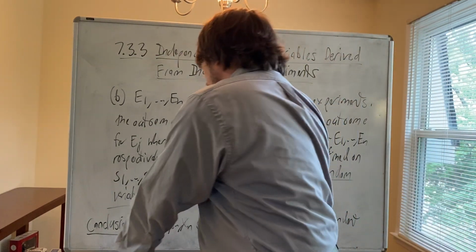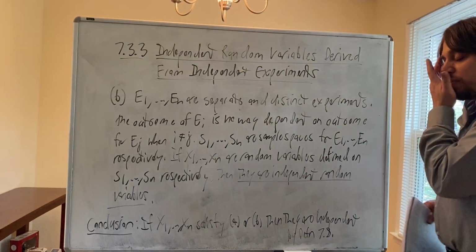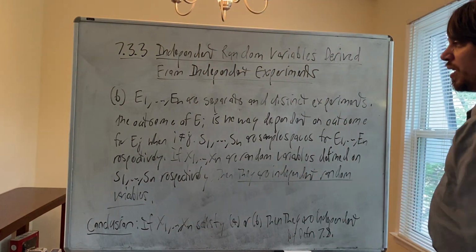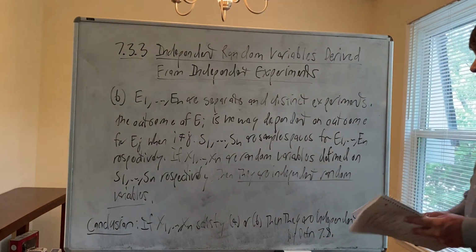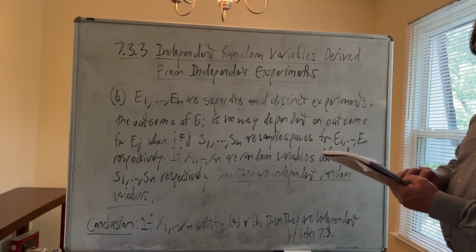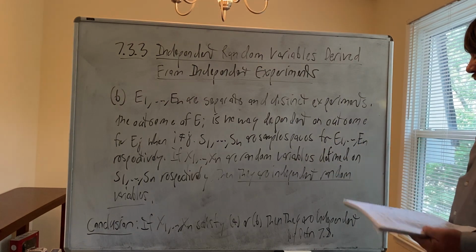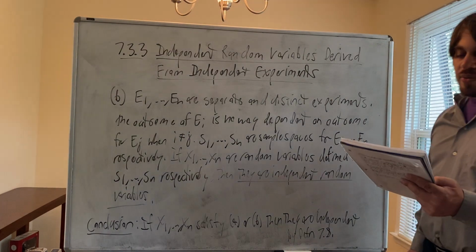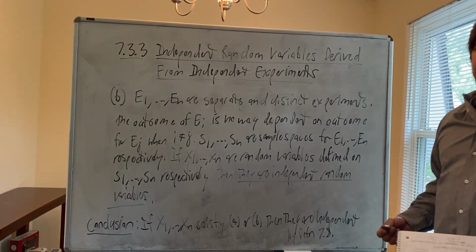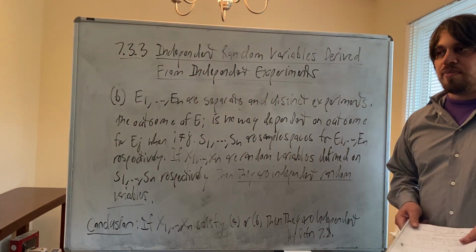So if you have a problem where you have n random variables X1 to Xn and they satisfy A or B, then they are independent. Right? And by definition 7.8, the definition of independence, f of x1 through xn is equal to f sub 1 of x1 times f sub 2 of x2 times dot dot dot f sub n of xn.